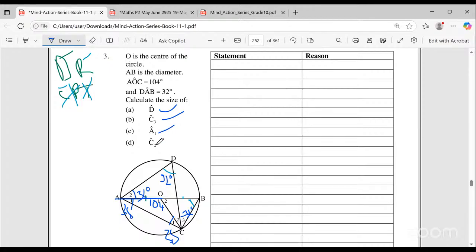Let's go for C2. C2 is this one here. Remember, initially we noticed that this angle is 90 degrees, everything here. And then we can just subtract that C3 that we found here. And then we can subtract this C1 here that we know is 38.